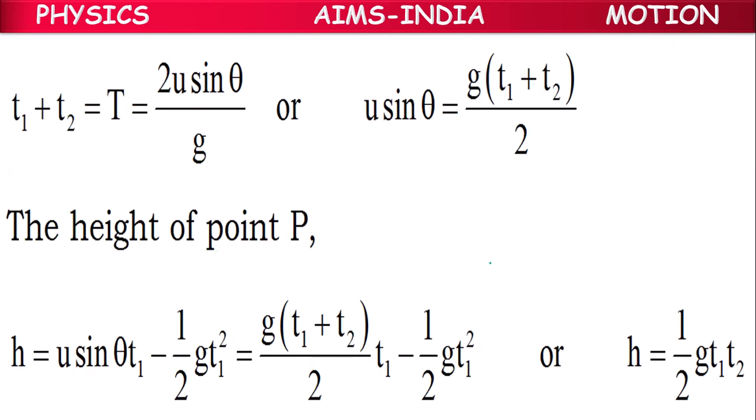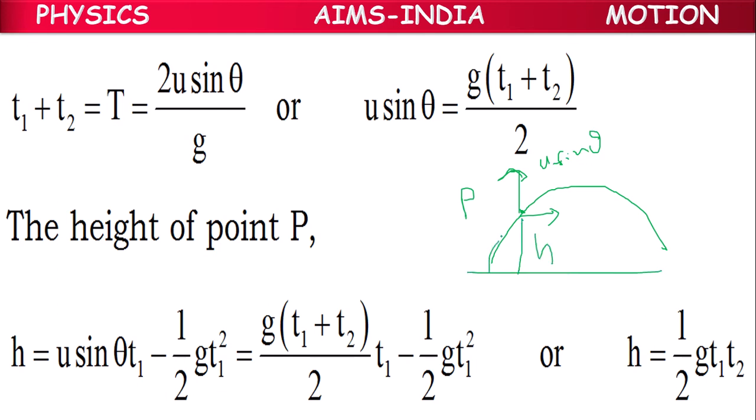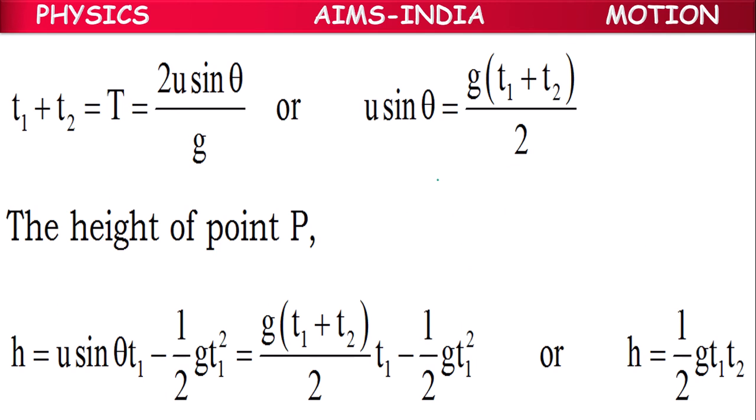So at point P, vertical velocity u sin theta, and height already they have given h, and time for going up to point P, they have given t1. So according to equations of motion, we know that s equal to ut plus half at square.